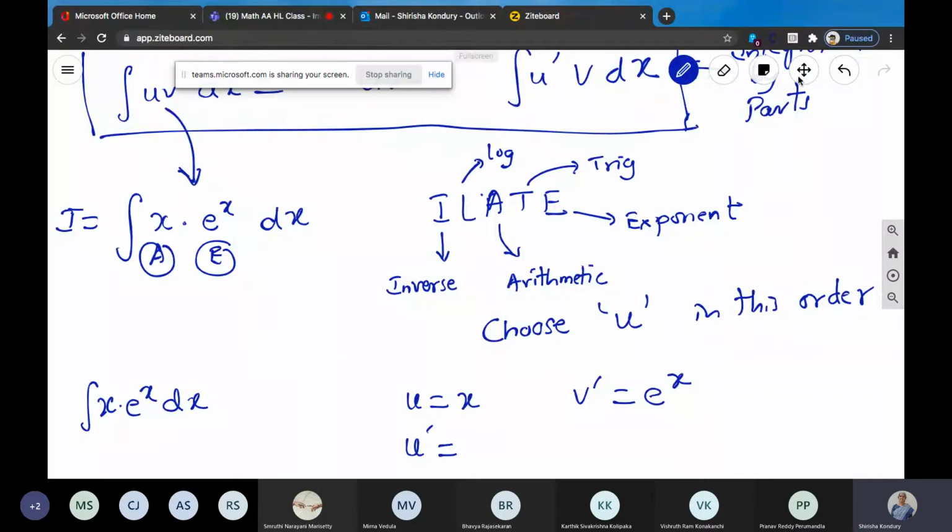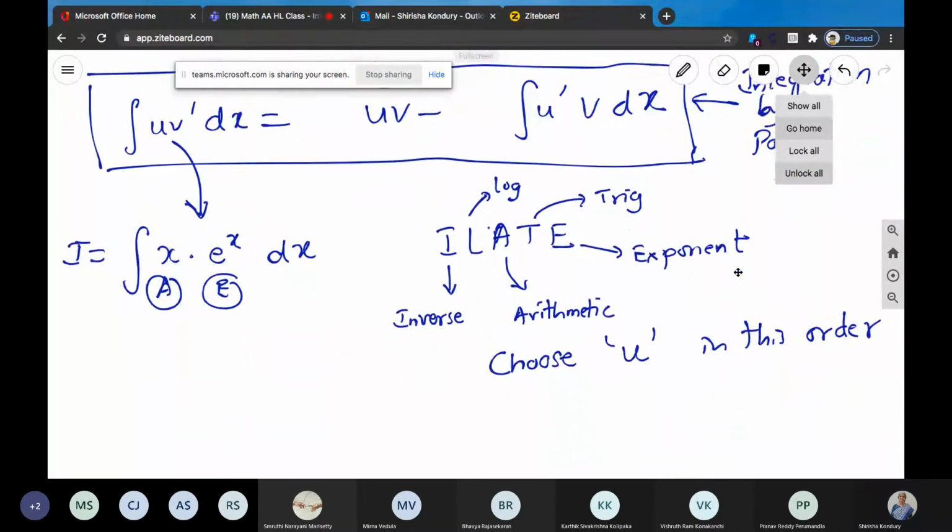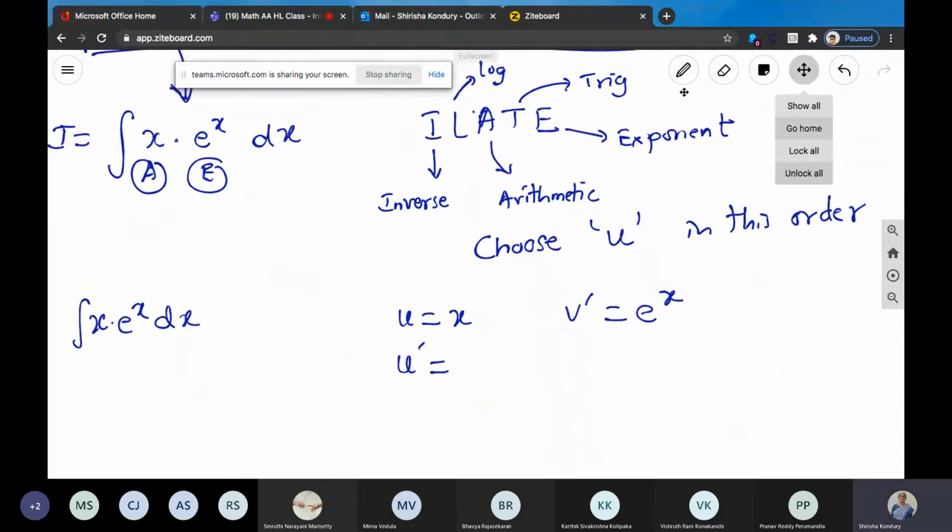Because if you look at the right side, if I want to find integral of u v dash, I need u, I need u dash, and I need v. What is the derivative of u? 1. Because u is x, derivative of x is 1.